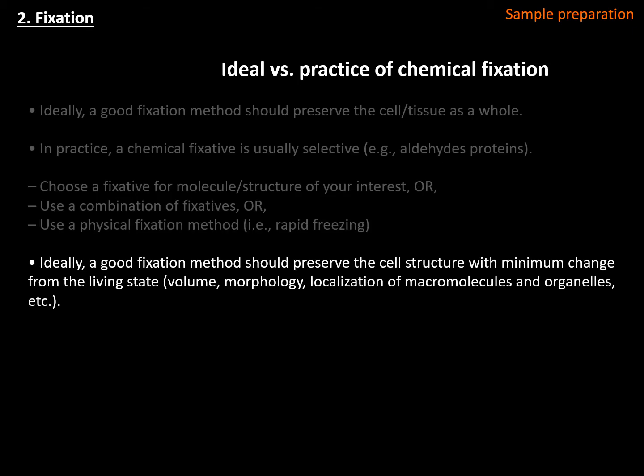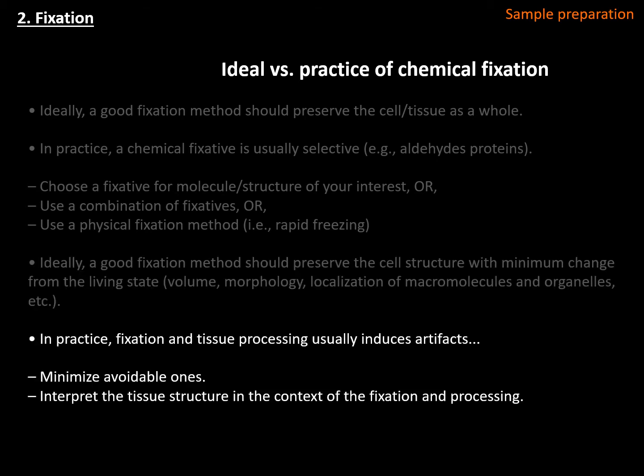Ideally, as well, a good fixation method should preserve the cell structure with minimum changes from the living state, like volume, morphology, and localization of your target in the subcellular spaces where it should be. However, in practice, fixation in tissue processing usually induces artifacts.